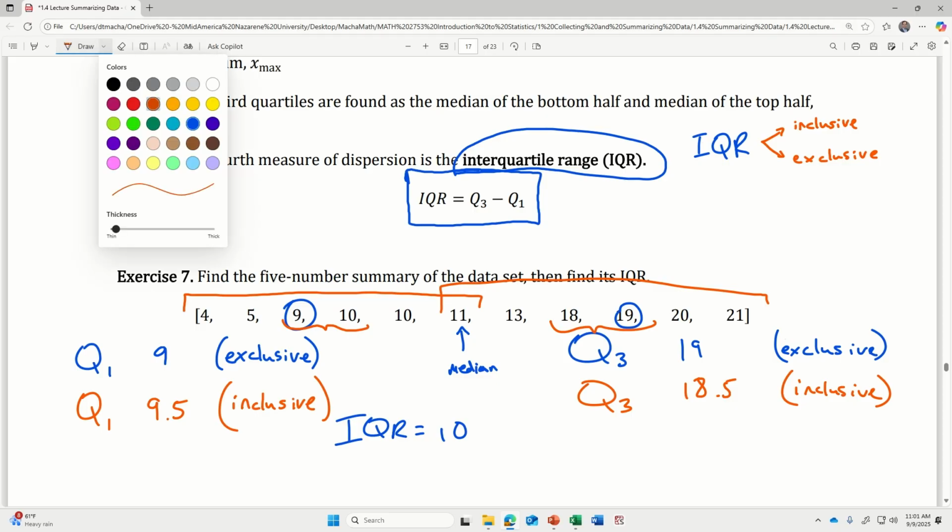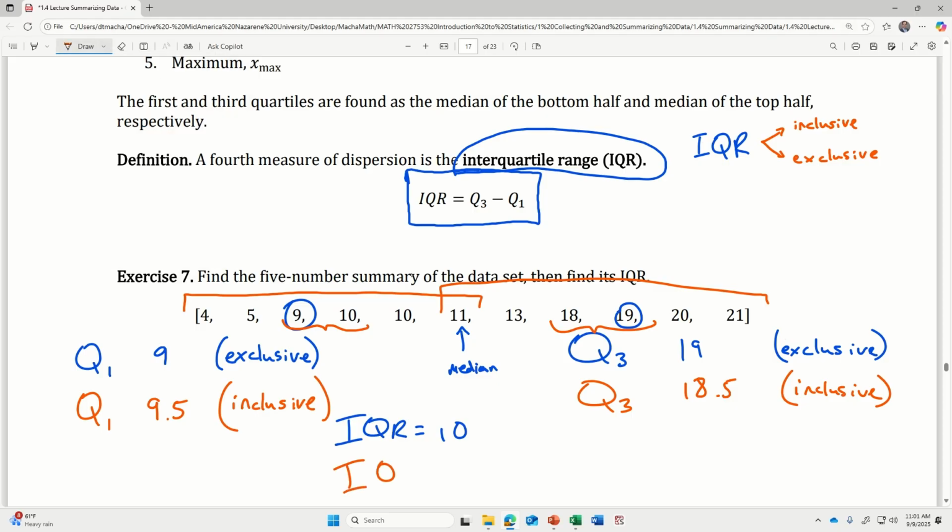And the inclusive IQR would be 9. 18.5 minus 9.5 is 9. So you're absolutely right to point that out. The IQR is going to be different depending on how you take your quartiles.